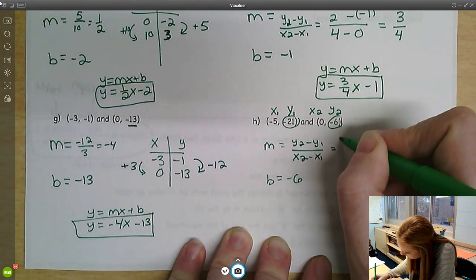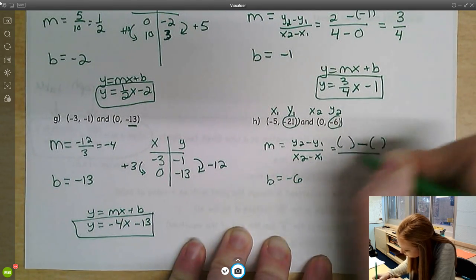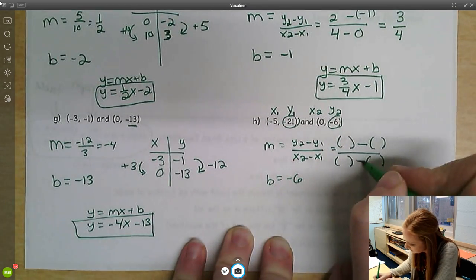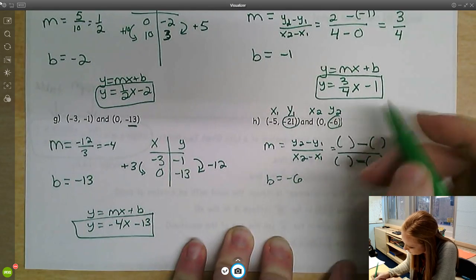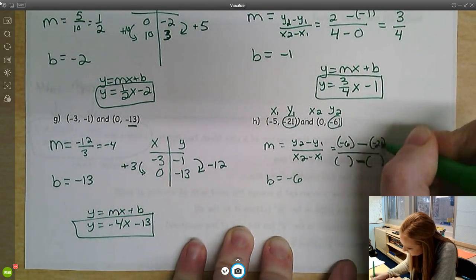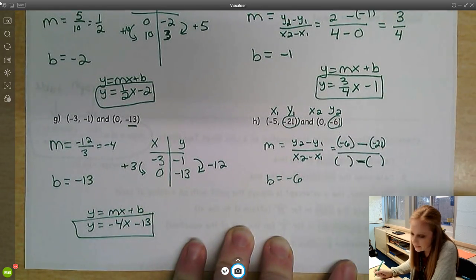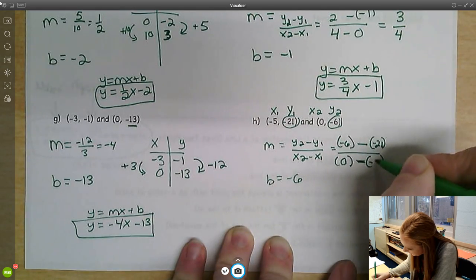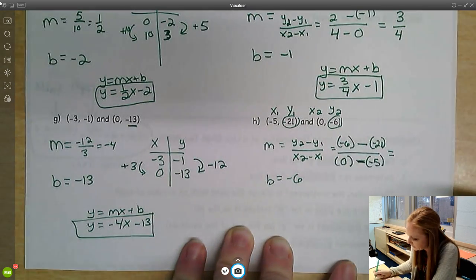Sometimes this helps if you set it up kind of like this, so you don't forget to minus. So y2 would be negative 6 minus y1, which is a negative 21. x2 is 0 minus x1, which is a negative 5. Lots of negatives going on here.